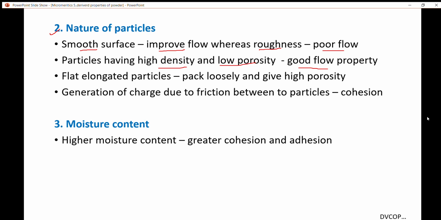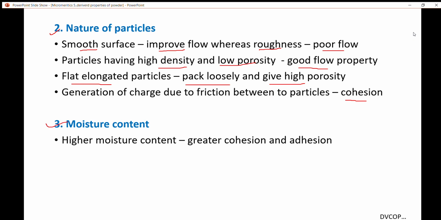When the particles are flat and elongated, they are packed loosely and give a high porosity. This high porosity means a poor flow property. Generation of charge due to friction between the particles gives cohesive forces, and due to these cohesive forces the flow property decreases.